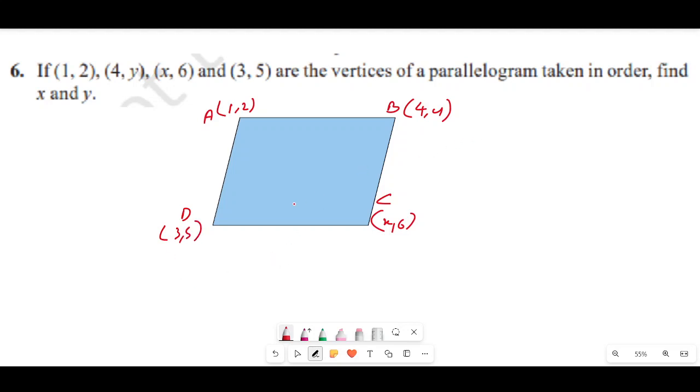So how can I find out the value of x, y? Now for a common understanding we will tell you a rule: if we find out the diagonals, then this property says that both diagonals cut at the middle point and divide in the same ratio.